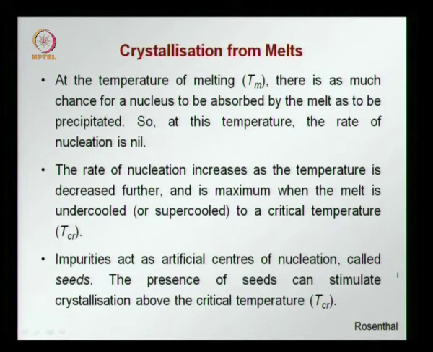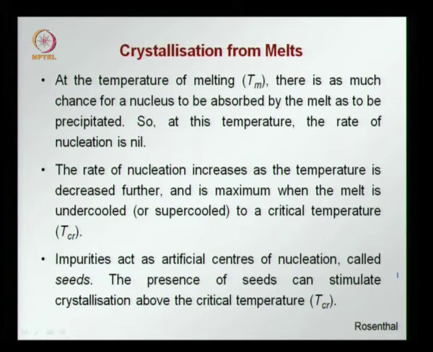So, at this temperature, solidification really does not start, because the nuclei can be precipitated and as well absorbed. So, nucleation at the melting point is nil or 0. The rate of nucleation increases and goes beyond the rate at which the nuclei are being absorbed by the melt as the temperature is decreased further.